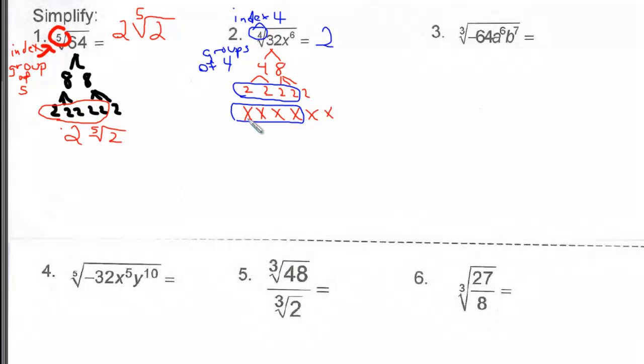I also have a group of 4 x's. That will also come out of the radical. What's left over stays underneath, and we multiply that all back together. Do not forget to put your index in your answer. And this will give us 2x times the fourth root of 2x squared.